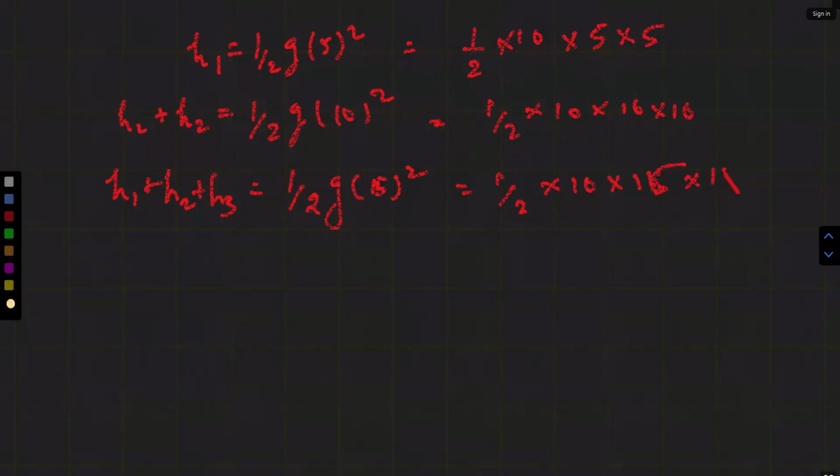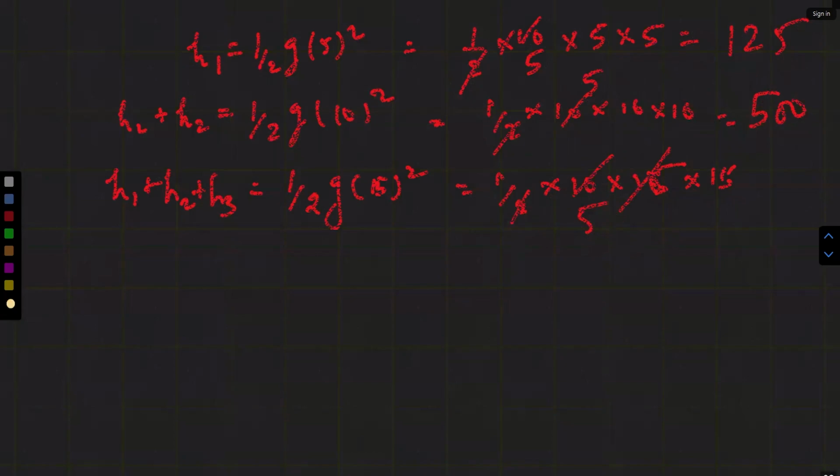I'm sorry, 2 ones are 2, 2 fives are 10, tens are 100, right? 10 tens are 100, 100 fives are 500. 15 fives are 75.